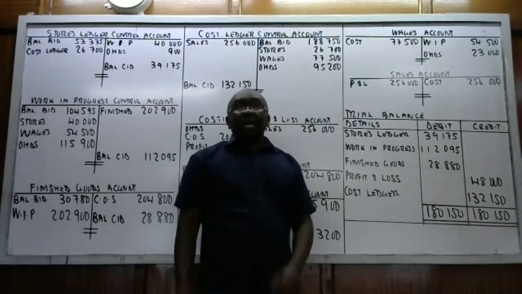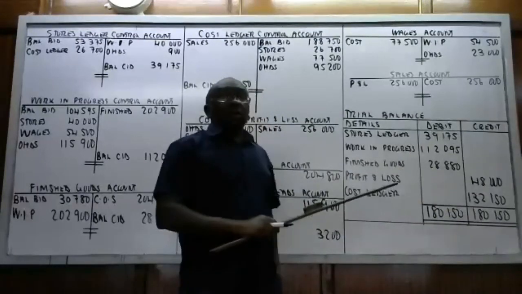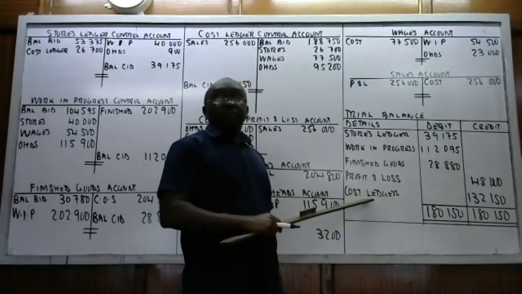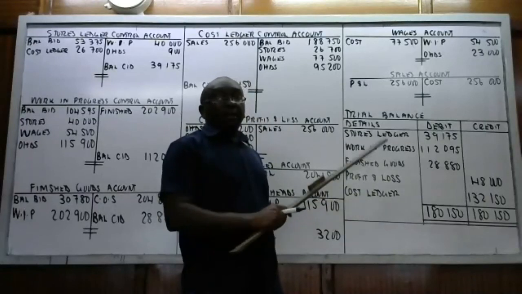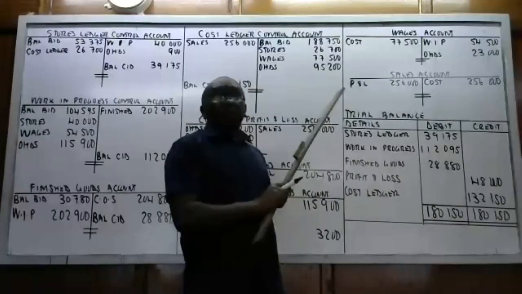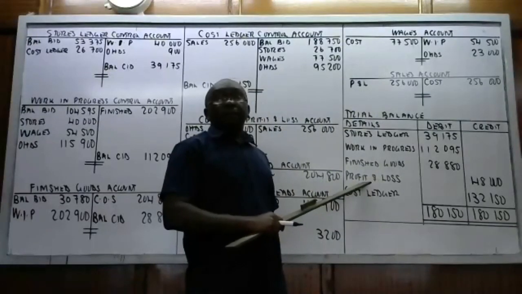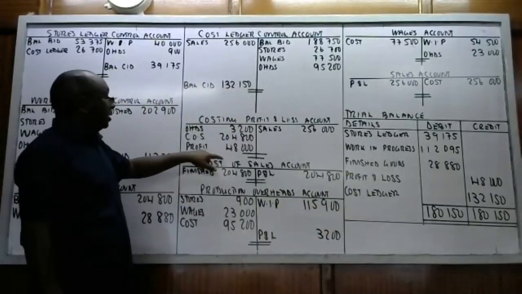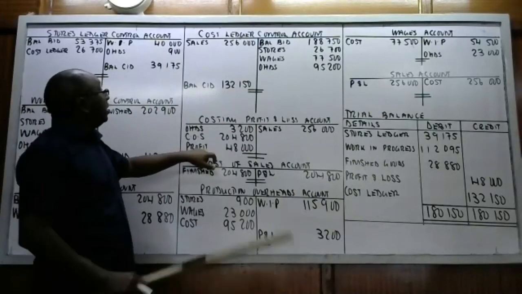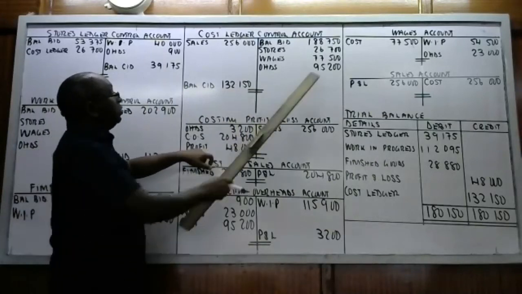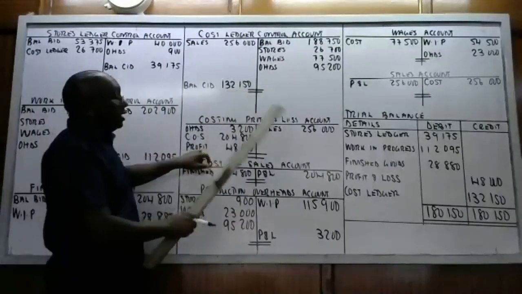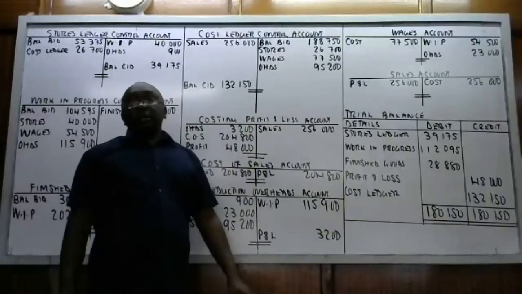The third thing is you do not have to show the P&L; you can put it in the cost ledger. Remember, when it does not balance, the balancing figure must go there. So instead of writing profit, I could write this 48,000 there, and then this one would have been exactly 180,000.